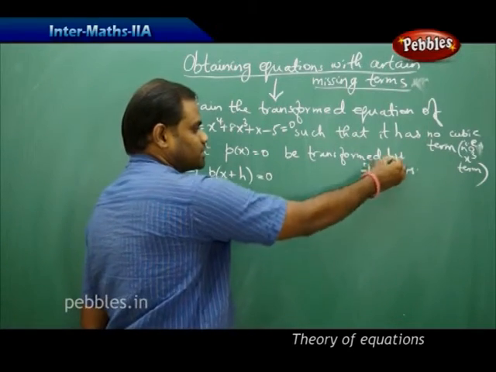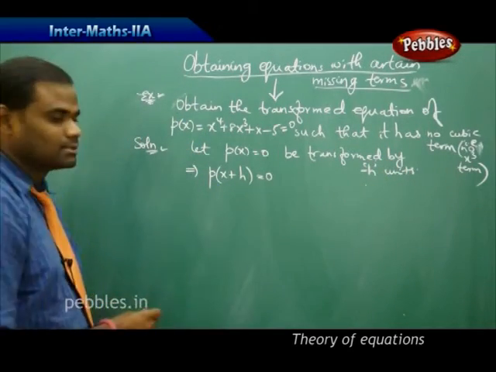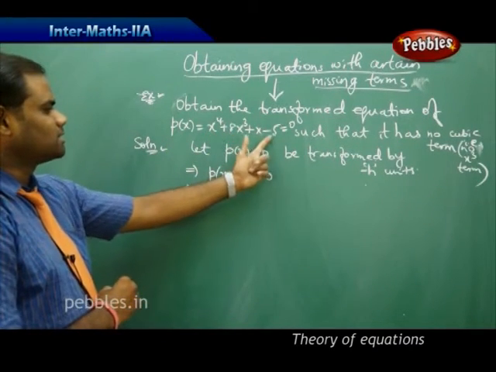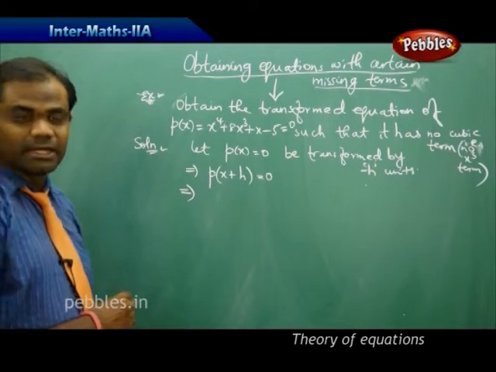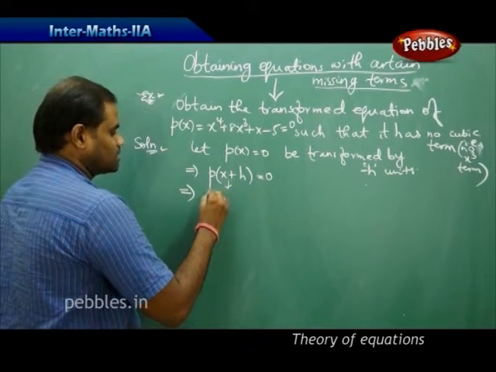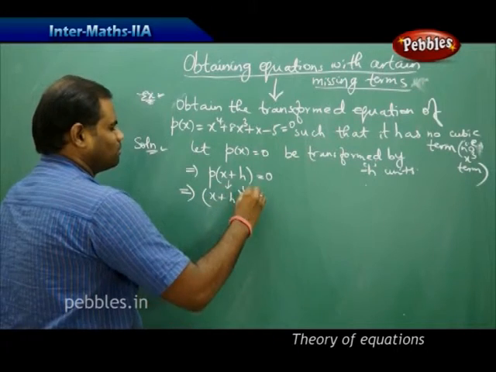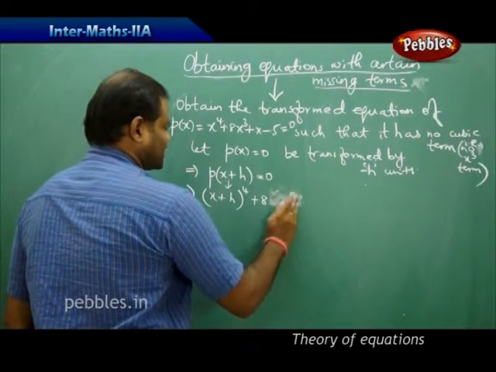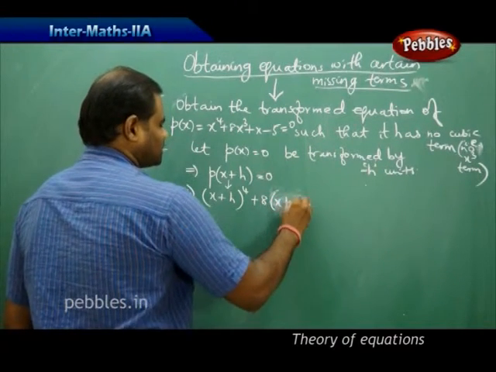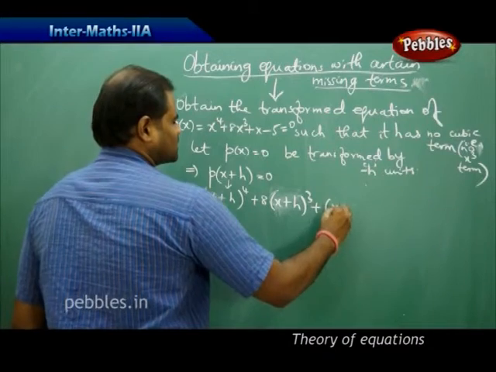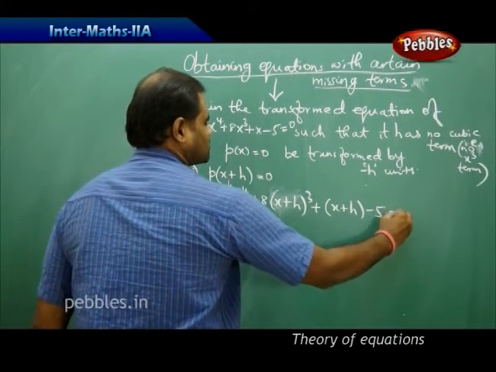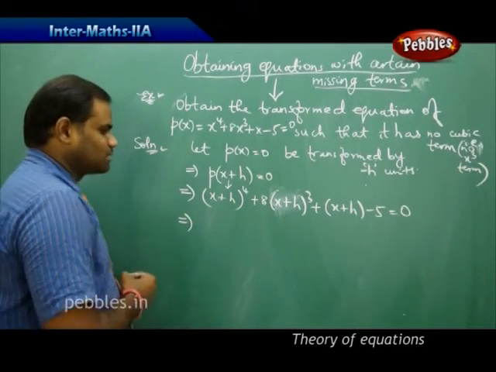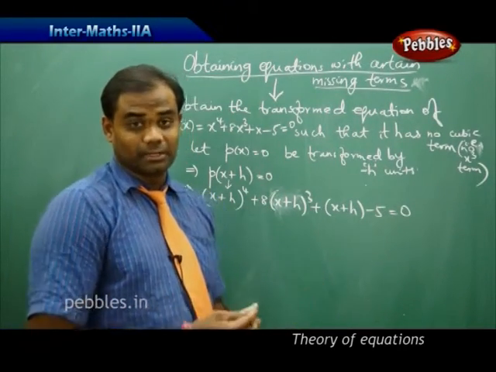Now as I know that p of x is x power 4 plus 8x cubed plus x minus 5, my p of x plus h, when I replace x with x plus h, is (x plus h) whole power 4 plus 8 times (x plus h) whole cube plus (x plus h) minus 5 equal to 0.